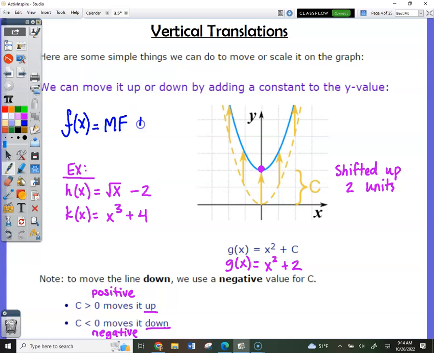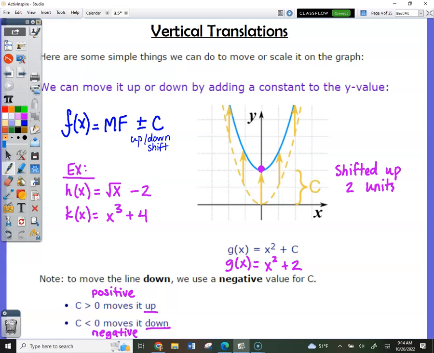I'm going to put plus or minus C, and I'm going to write underneath it that this means it's either up or down shift. Technically it's called vertical shifts, but I'm putting up or down to remind you that if it's positive, it's going up. If it's negative, it's going down.